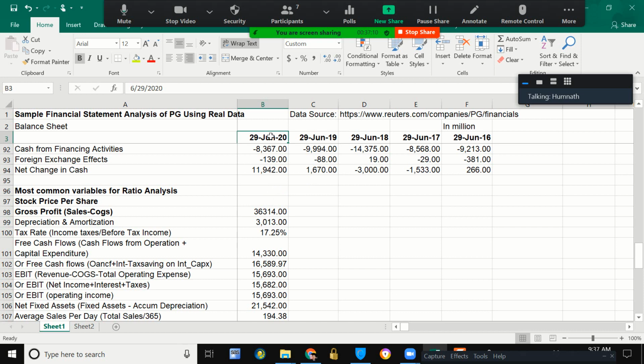So that is actually July 1st. So July 1st, July 1st 19, July 1st 18, July 1st 17, and July 1st 16. So I want to get that stock price information. Okay, so do you know where you get that information from?